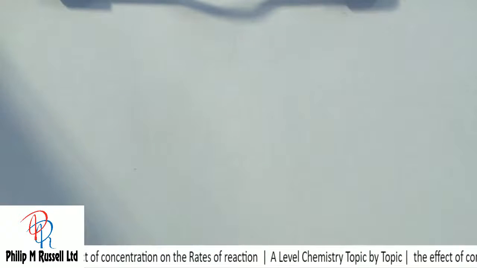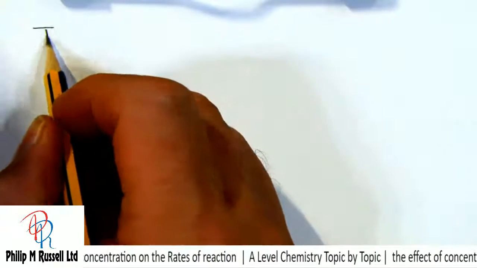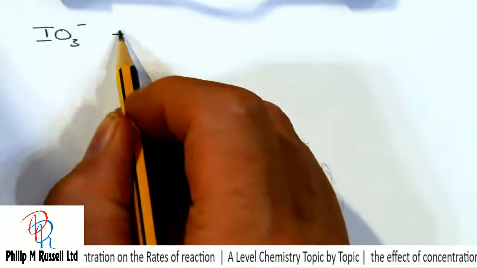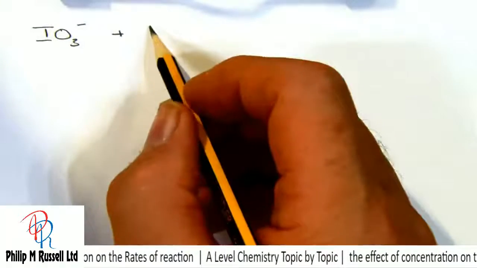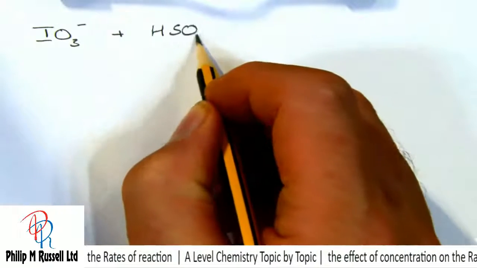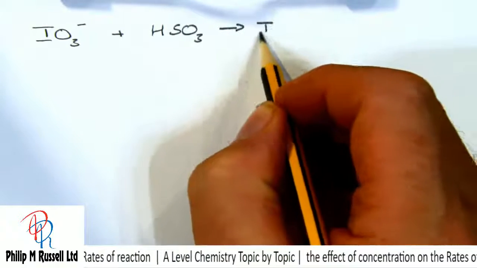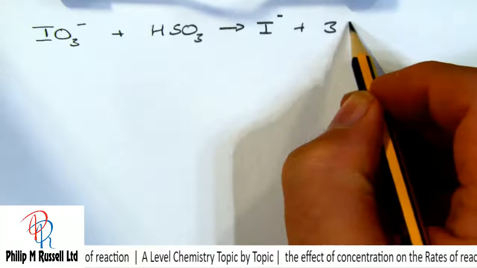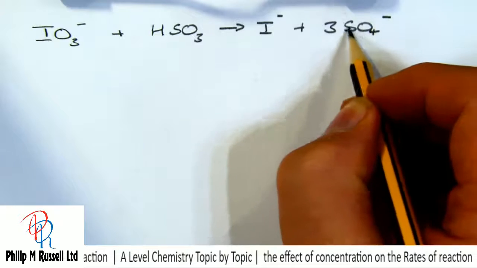So what have we got? Well, we've got some potassium iodate, IO3 minus, and this is going to react with the bisulfite, which is HSO3 minus, and that is going to form iodide ions plus 3 sulfates or bisulfates.